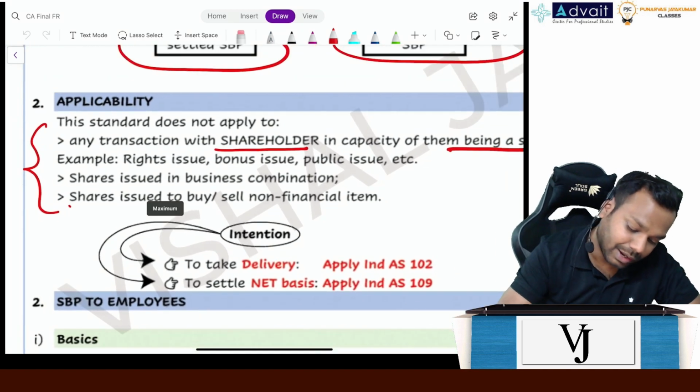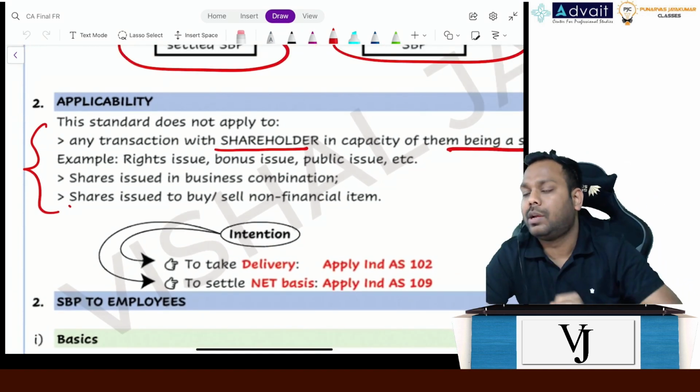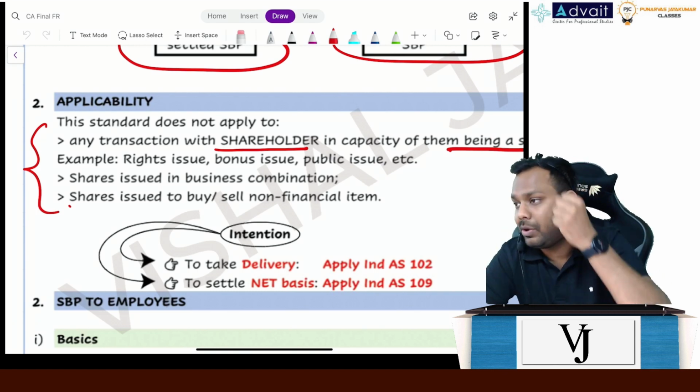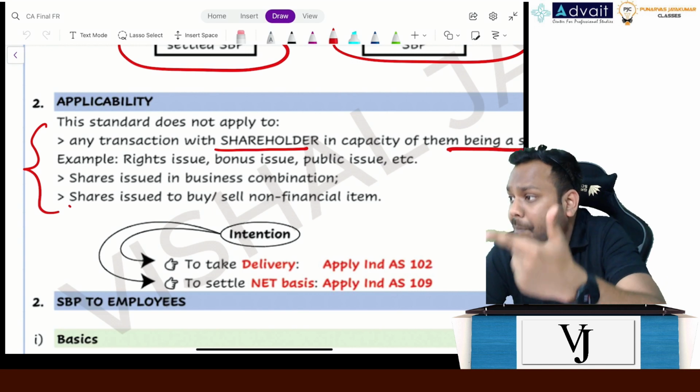Now here, let's suppose I have entered into a contract with a person to take delivery of a particular asset, a non-financial item, for which I will give you the shares of my company.